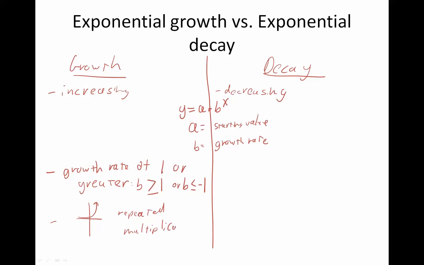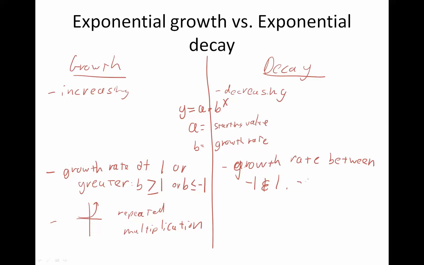The decay function will have a different b value. The growth rate for decay is going to be between 0 and 1, and I really should make it between -1 and +1.